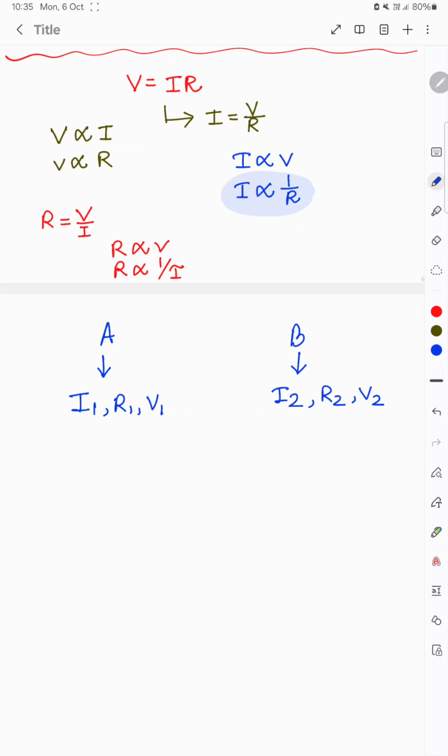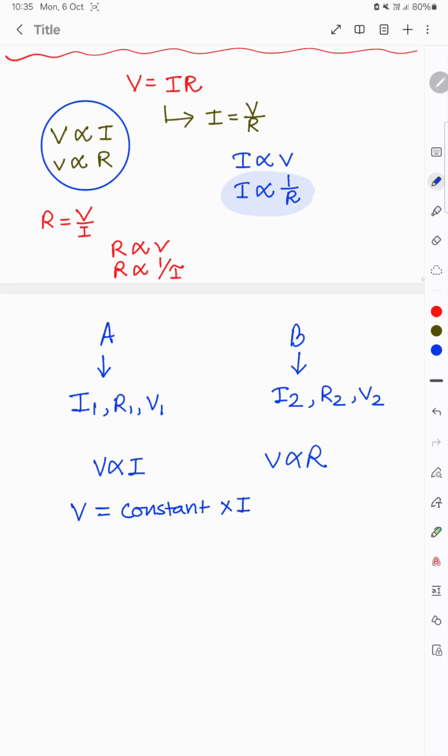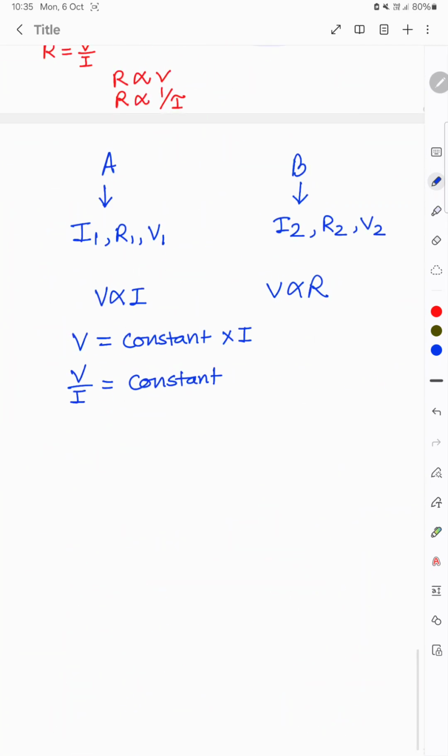Now, I am coming to these two relations, V proportional to I and V proportional to R. So V is equal to some constant into I. When we convert the proportionality sign into the equal sign, we have to put a constant. So V by I is equal to a constant. In case of A, V1 by I1 is equal to constant.